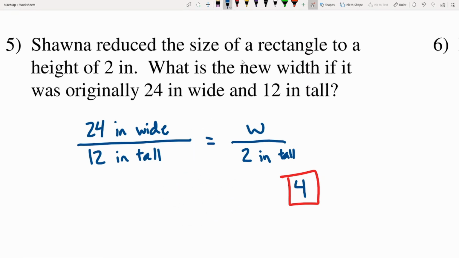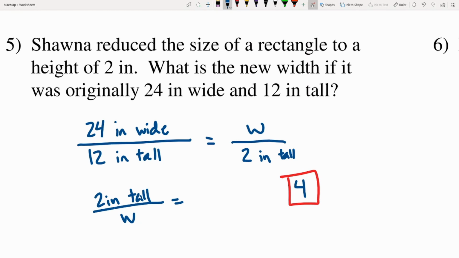Let's say that as you read this problem, you were writing down your given information, you saw that she reduced the height to 2 inches, so you know you have a 2-inch height, so I'm going to say 2 inches tall, and you want to know the new width, so that's your question mark. So again, that's your W, and that's equal to, remember, we have to keep the same types of numerators and denominators.